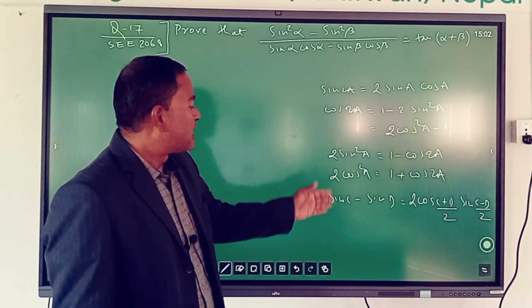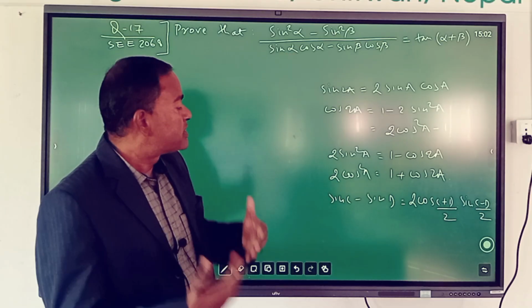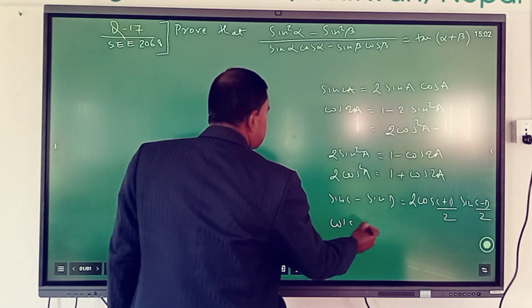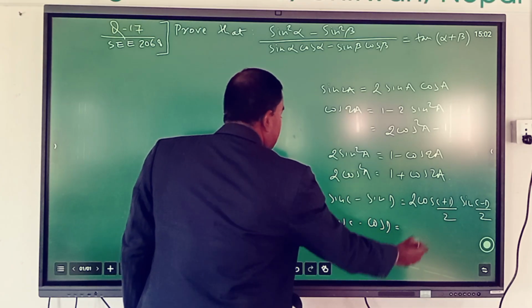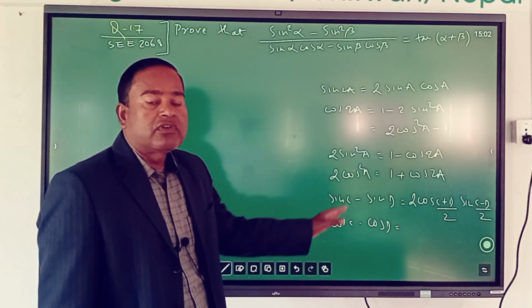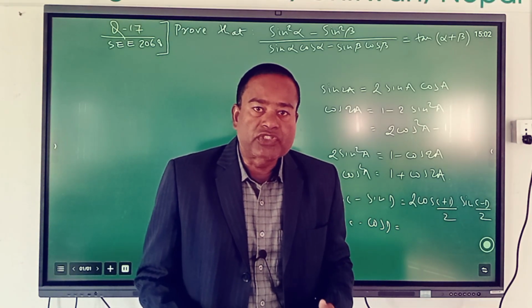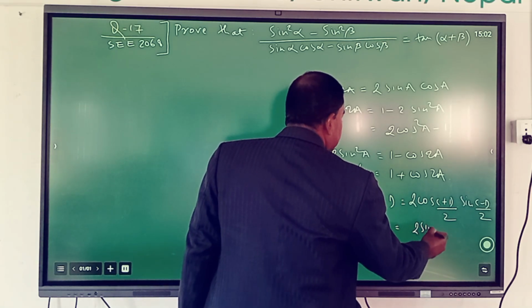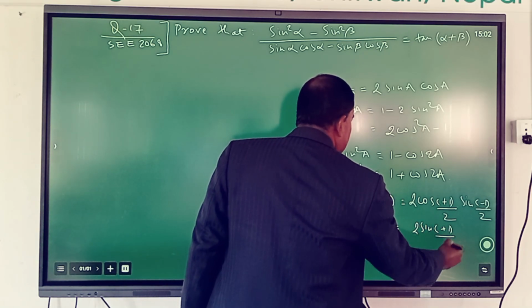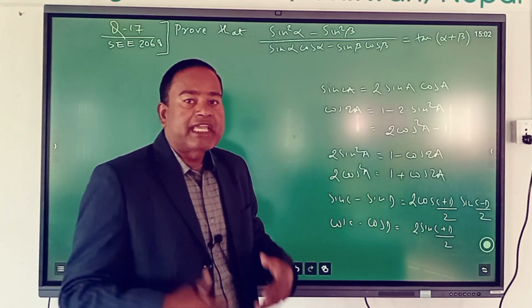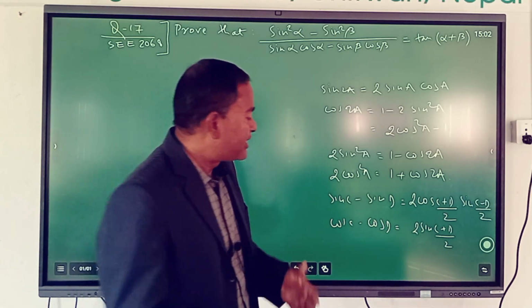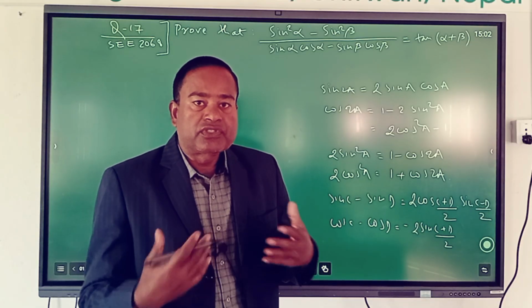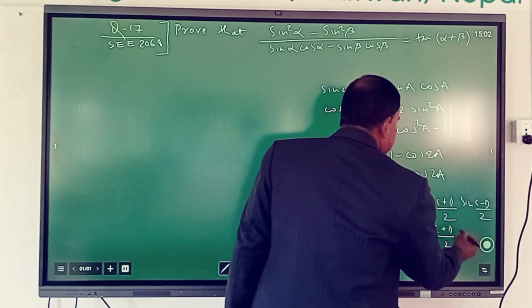And the last formula which we have to use is the formula of cos C − cos D. The formula of cos C − cos D is equal to 2 sin((C + D)/2) times sin((D − C)/2), or we can write minus 2 sin((C + D)/2) into sin((C − D)/2).